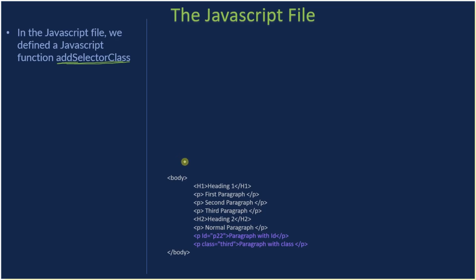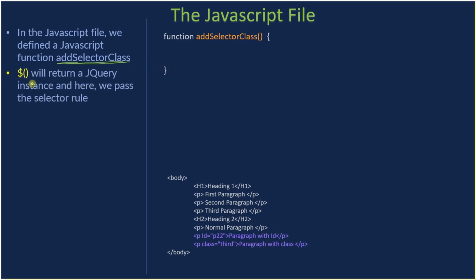In that JavaScript, we are going to define this addSelectorClass function. So the addSelectorClass function goes like this. We defined the keyword function, and this is our JavaScript function name, addSelectorClass. Open and close parenthesis define the body of the function.